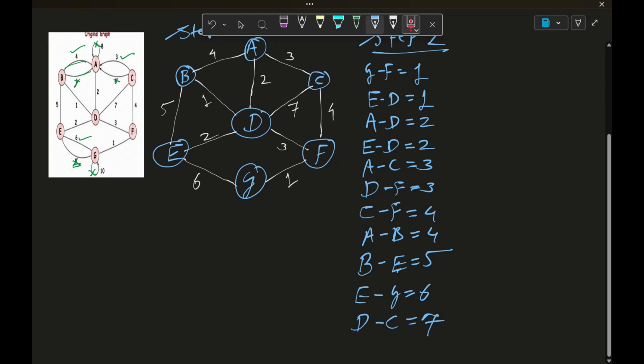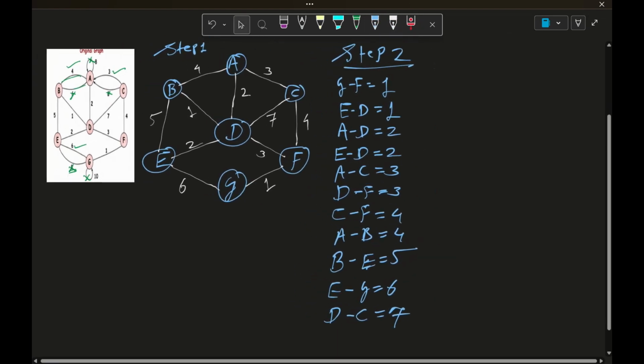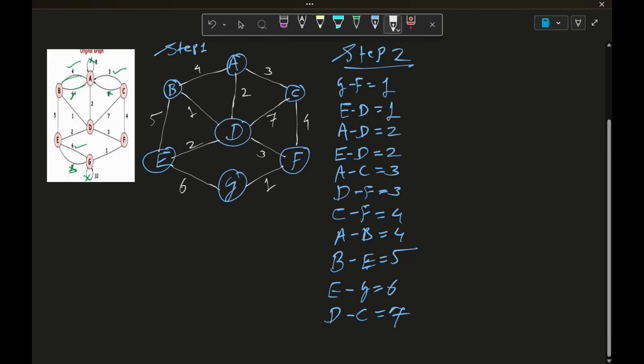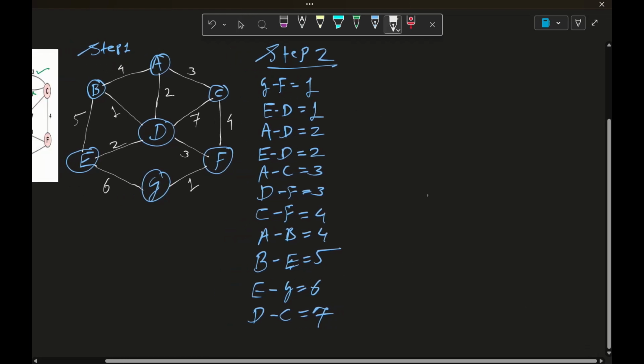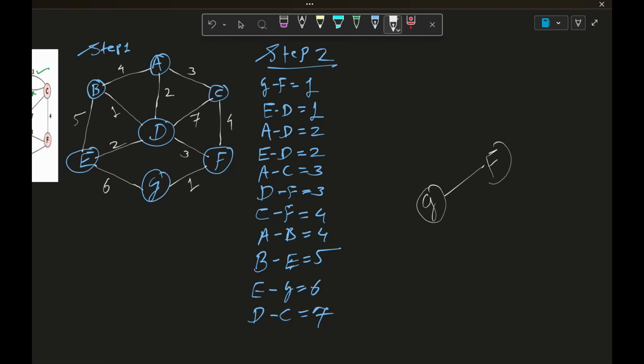So just do this. So very first we have now, let's say G and F, which we will consider. I will follow the same way so that you will understand this. So G is here and F is connected like this. Let me just get some space. So G is here and F is here.